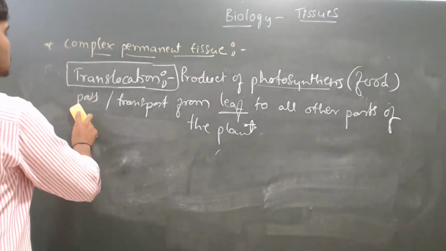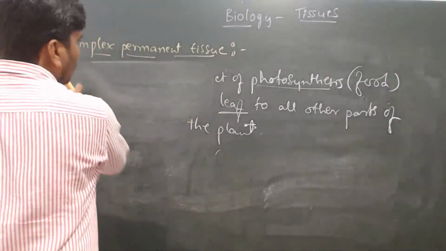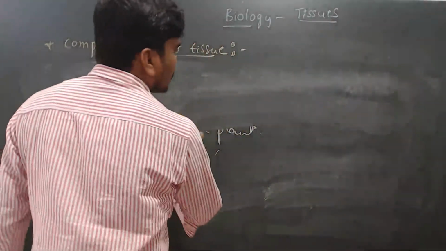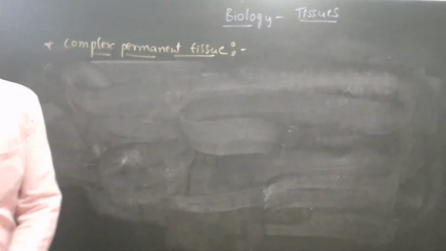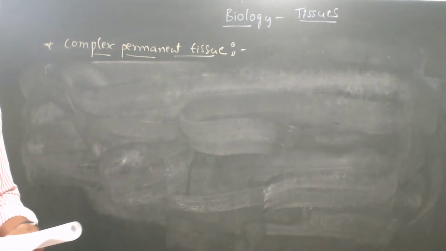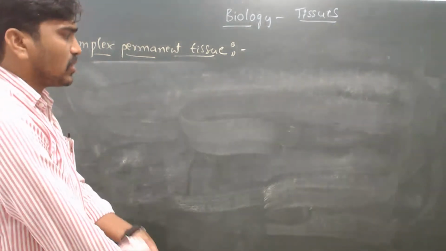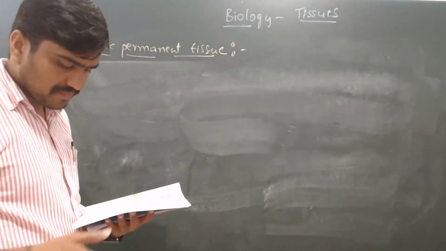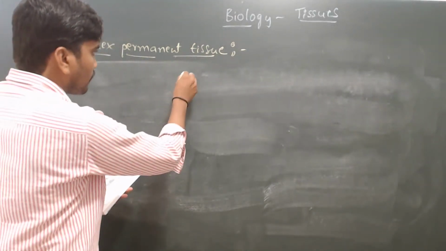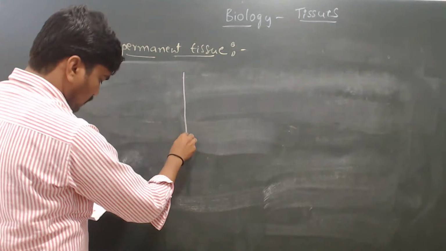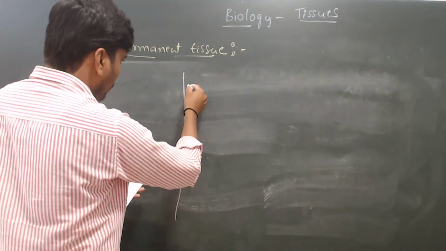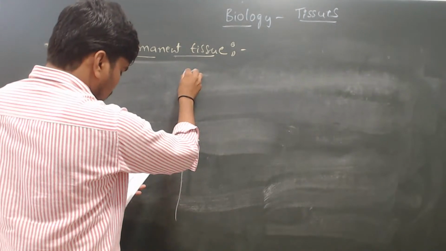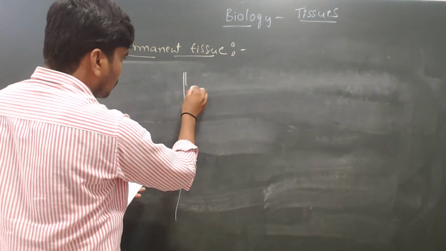Now, here I will draw the structure of the phloem. Once you observe that phloem diagram, see, now I will draw the diagram of the phloem. This is the side wall of the phloem.